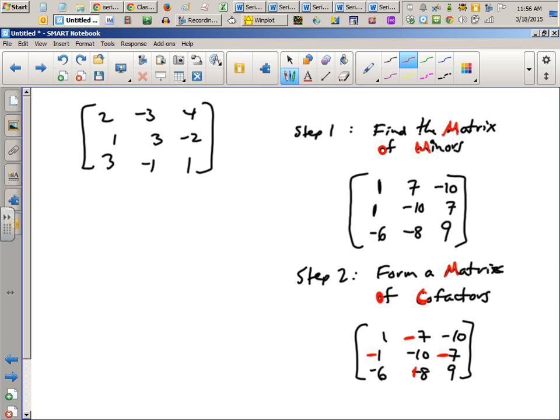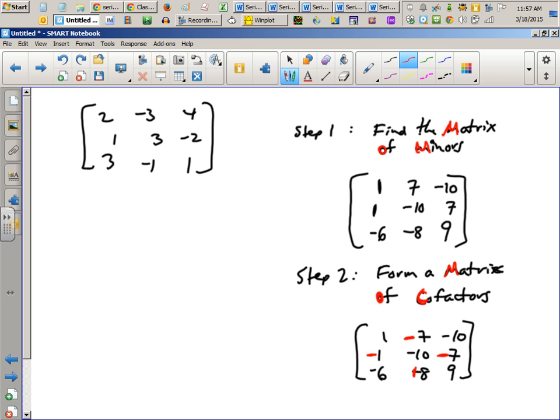Okay, I just did a matrix of cofactors. I made a brand new matrix using my previous one. It's sort of a mock version of that one. It's not the exact same, but it's very similar. What exact change did I make? Yeah, I changed the signs of just about half my matrix. See that?